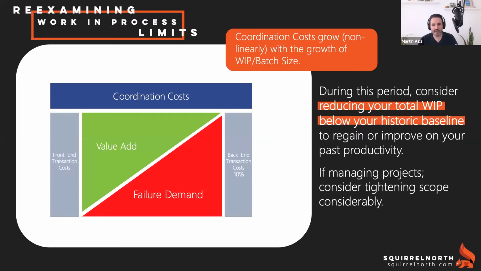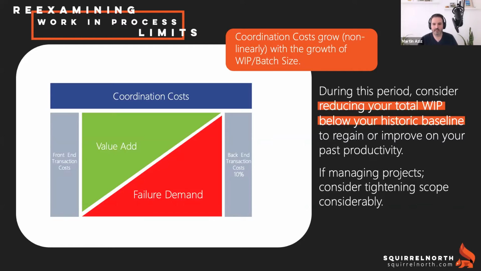So how do you counteract that? You lower WIP, right? So the idea here is that lower WIP, smaller batches could be a very powerful remedy to get your coordination costs in order. So it kind of makes intuitive sense. Less things going on, less things to follow up on, less meetings, less status checks, and so on.